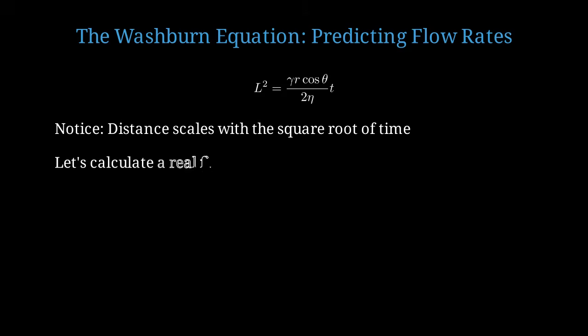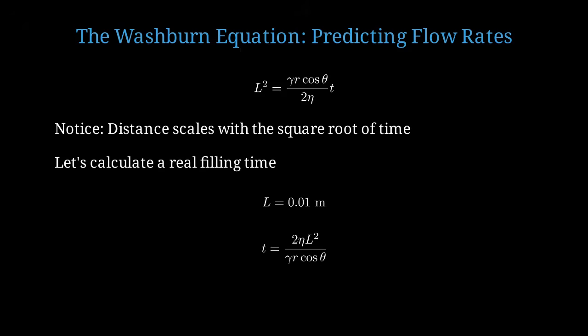Let's calculate how long it takes to fill a channel. For water with eta equals 0.001 Pascal seconds, gamma equals 0.072 newtons per meter, theta equals 20 degrees, and R equals 50 micrometers, filling a channel 1 centimeter long. L equals 0.01 meters.